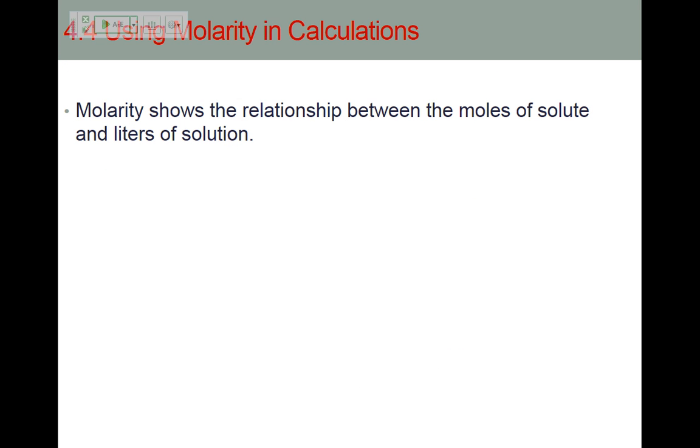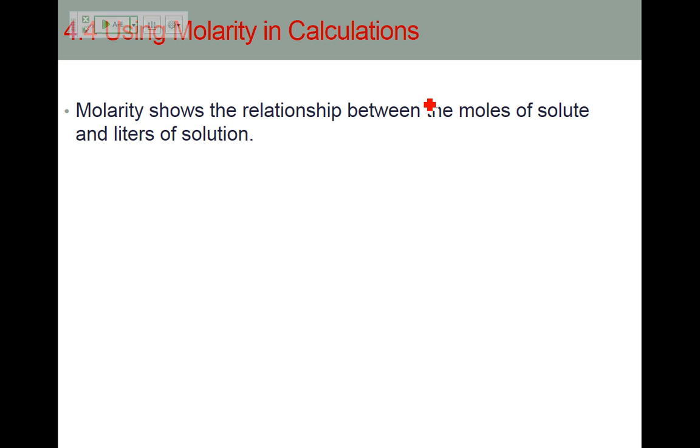So now that we know how to do this, molarity is important because one of the reasons why we might make a solution of a reactant is because we're using a very small amount of reactant, so this allows us to deliver it well. So we might make a big solution, and we might only use a small amount of that solution.